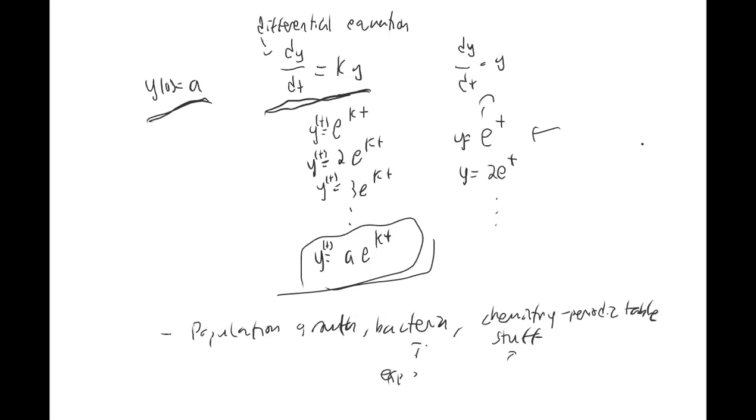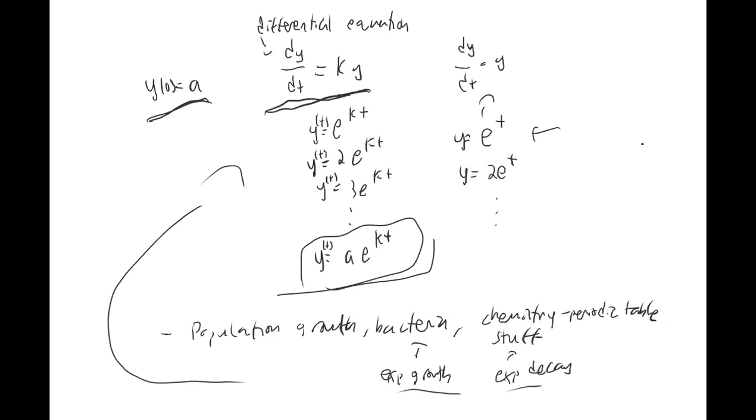If you think of bacteria, they multiply exponentially. Here, stuff decays exponentially. Don't ask me about chemistry. Okay, is everyone clear on this? These types of things satisfy this differential equation, is the whole point.